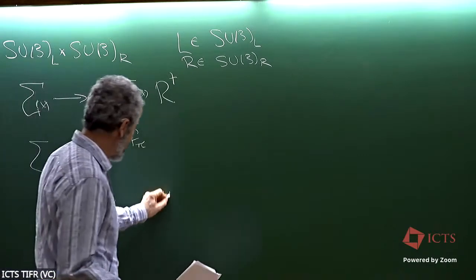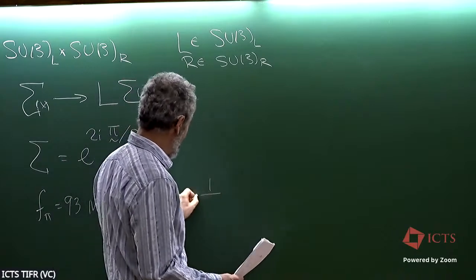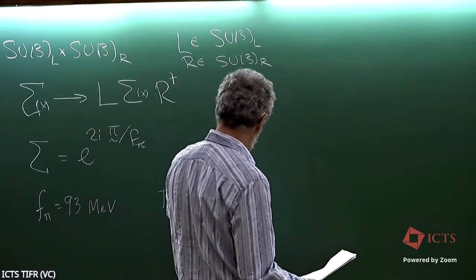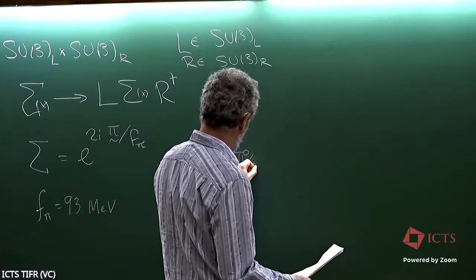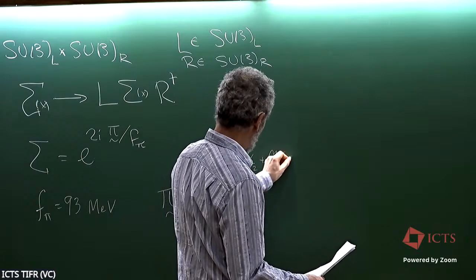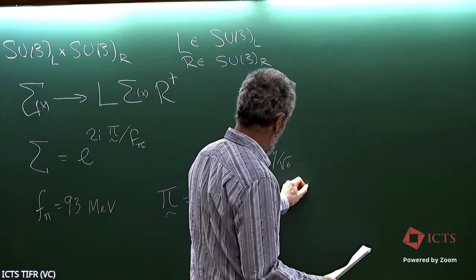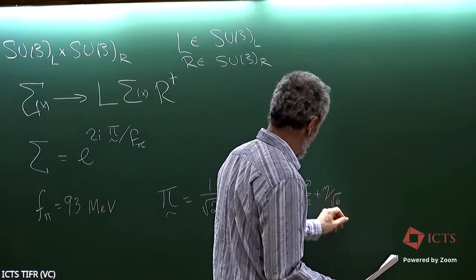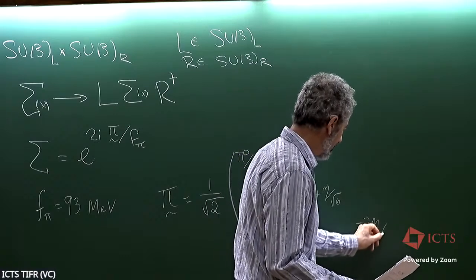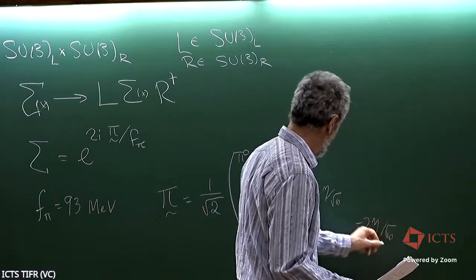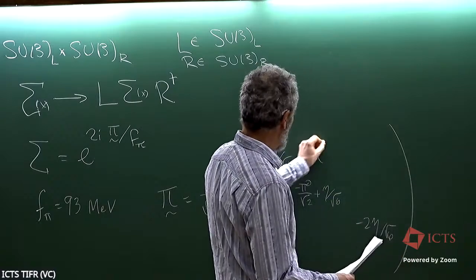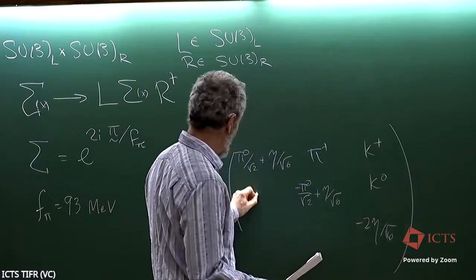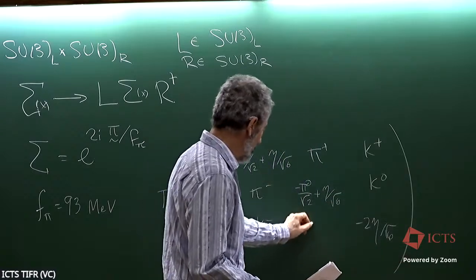And the pi matrix for SU(3) looks like what Gino showed you the other day, with a slightly different normalization: the pi plus and the K plus up top, K0, pi minus, K minus, K0 bar.